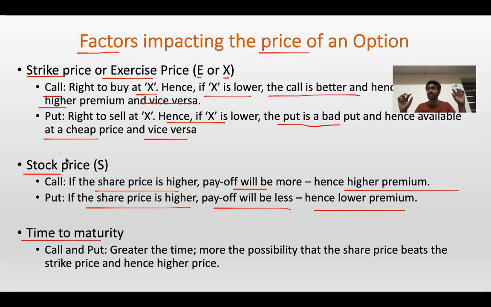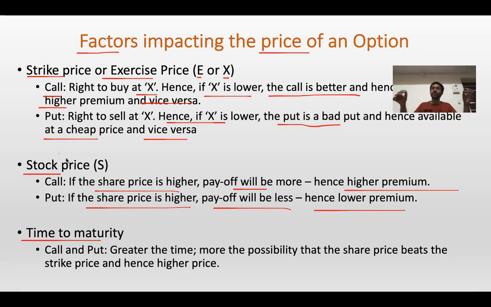What I explained with the 107 and 120 figures is the correct way of understanding, but practically I cannot show you that, because 107 and 120 are the current share prices, right? They're not share prices of two different dates.